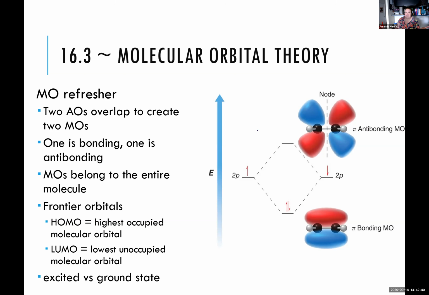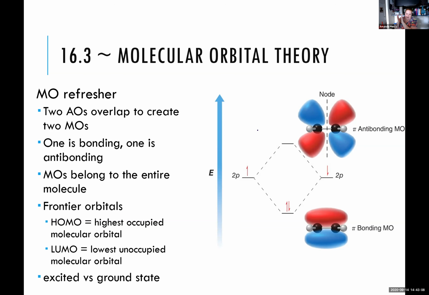You're obviously not thinking about it from that perspective, but when you draw a structure, that's a Lewis structure. You're basing it off of that information. MO theory doesn't come into play. So it's its own little thing. It's very complex in terms of the math behind it. So we're definitely looking at a surface level, dipping our toes into the MO theory pool.